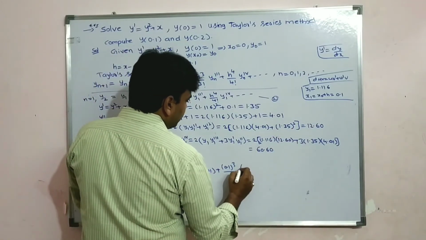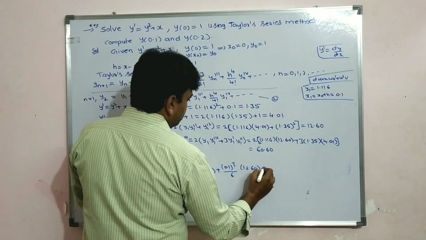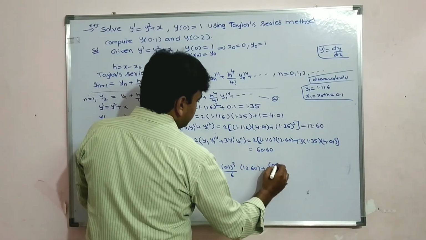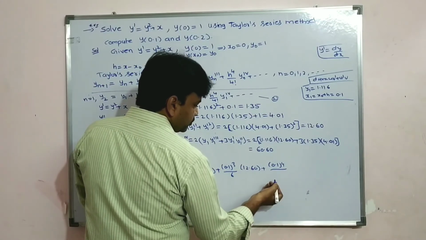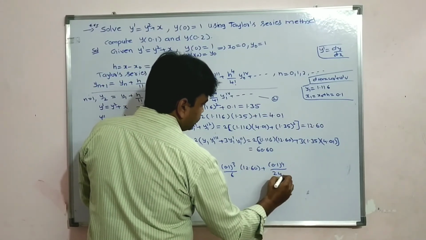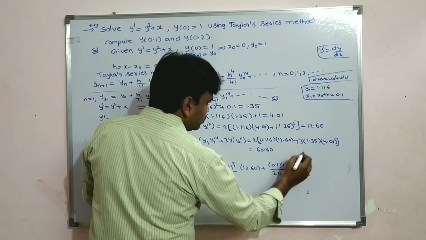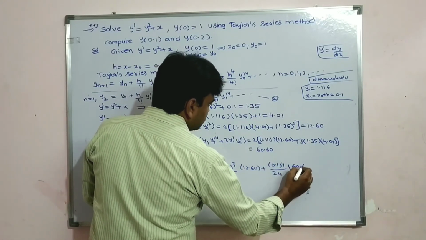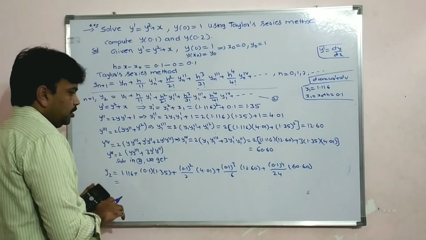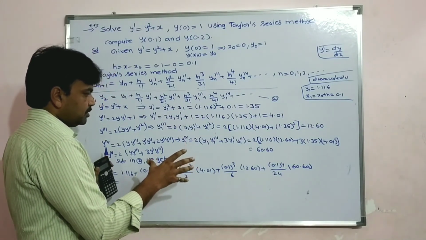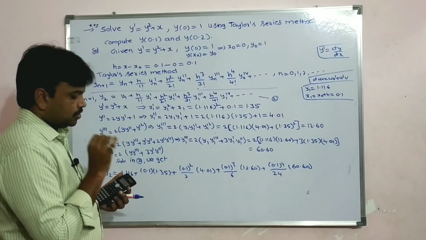What is the value? 12.60 plus, now this time students 0.1 whole power 4 by 4 factorial students, 4 into 6 24 into 60.60, that is equal to, you calculate all these values at a time in the calculator students.